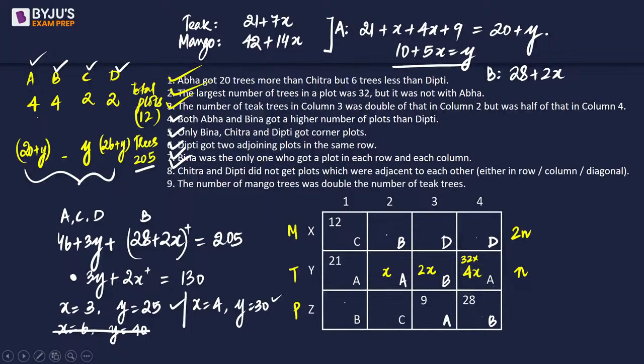The number of trees with plots with B has to be 3 and 4, 7 minimum. So this is 90 plus, so very much makes sense. Okay, so if this is true, suppose y is 30, so the number of trees that C has is y.